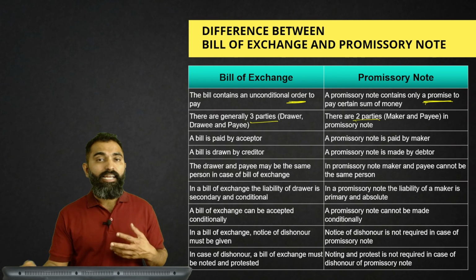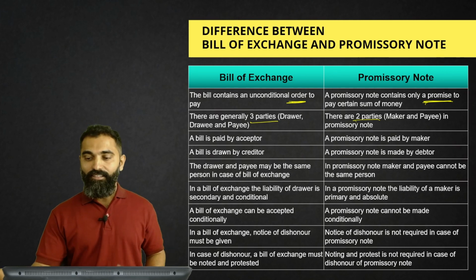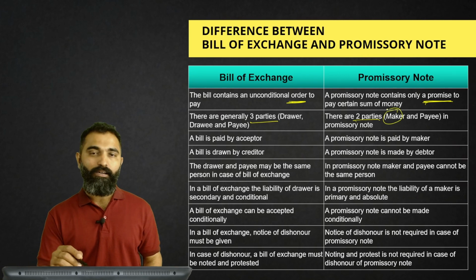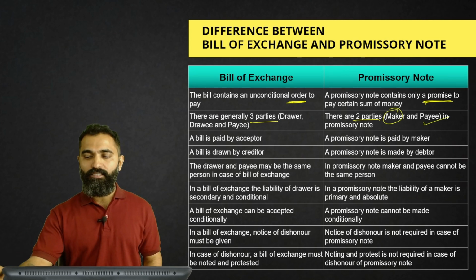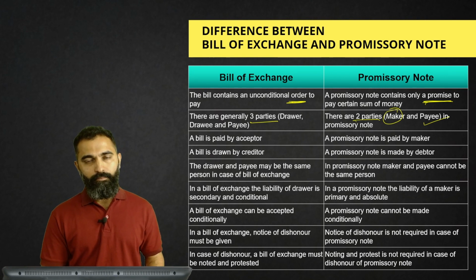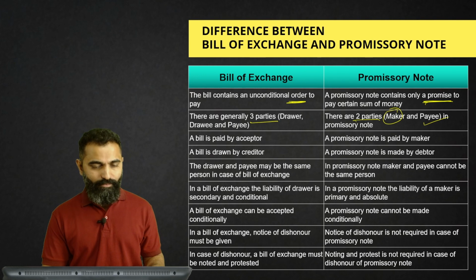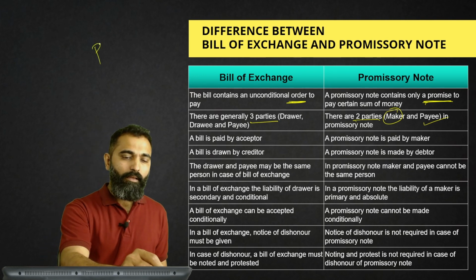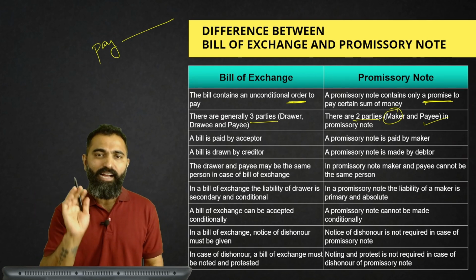Because in case of a promissory note, who will promise? The debtor. The debtor himself is the maker. And the person who is going to get the money is the payee. Anybody of you who is confused about the word payee, just remember, pay dash, whosoever's name is written here, that person is the payee.